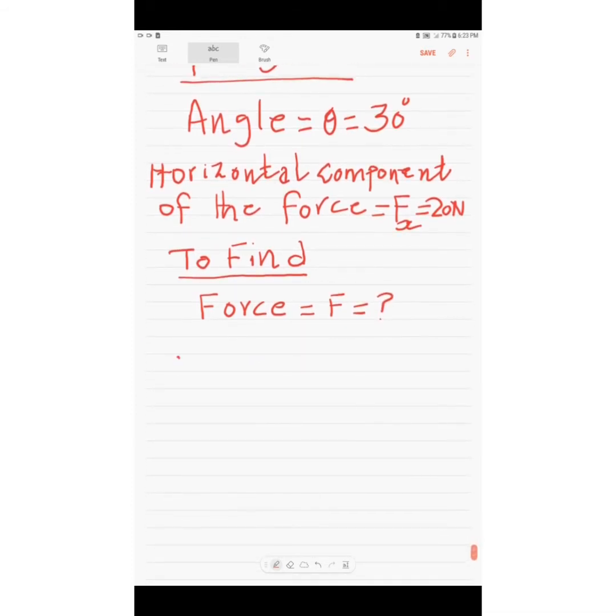Next heading is formula. The formula you will use here is Fx is equal to F cos theta.